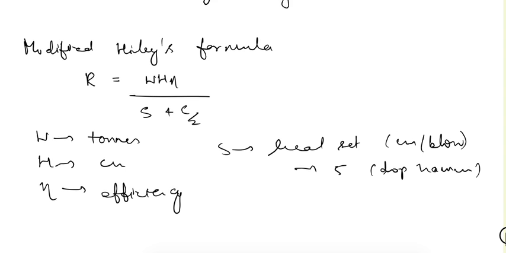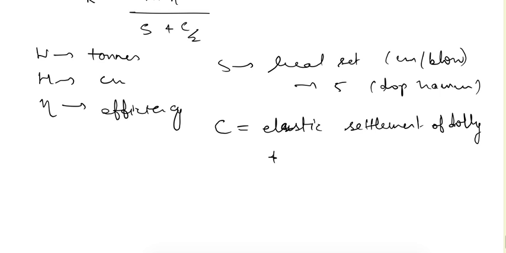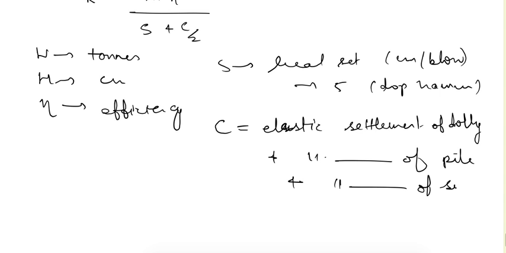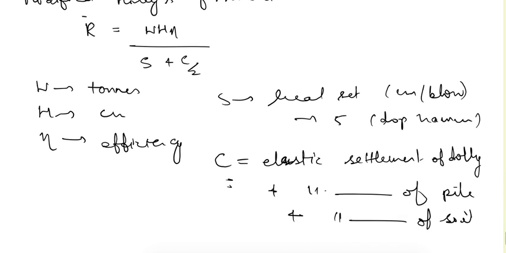And the value of C here accounts for three things, that is the elastic settlement of dolly, which is the part of the hammer arrangement, plus elastic settlement of pile, plus elastic settlement of soil. These three things are accounted in C. So that way we can find out the pile load capacity of the pile using these formula.